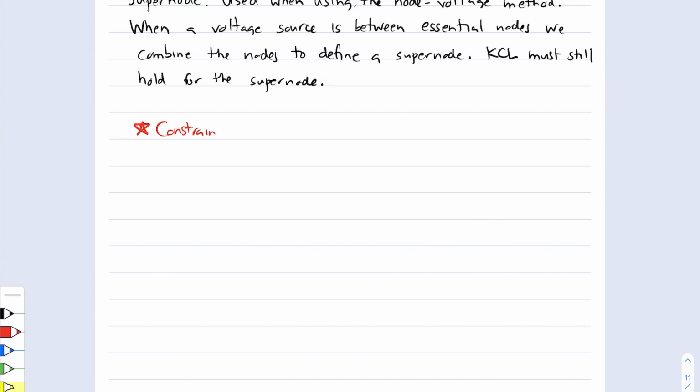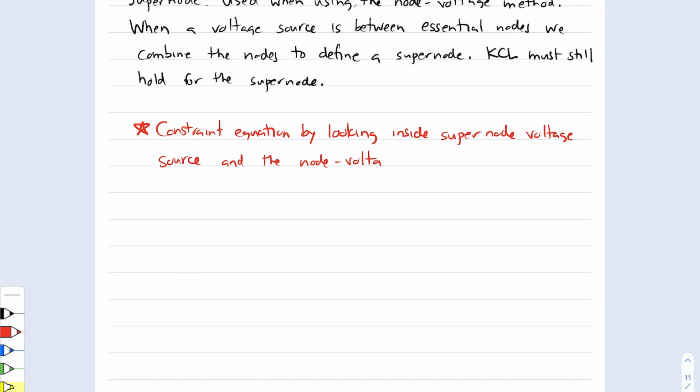So you get a constraint equation by looking inside the supernode at the voltage source and the node voltages. Again, it's very easy to overlook that.